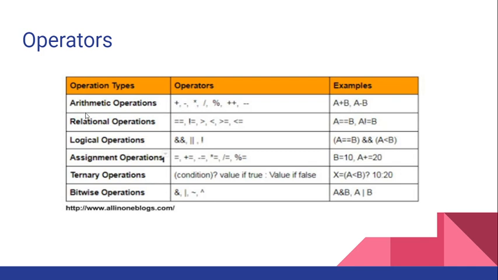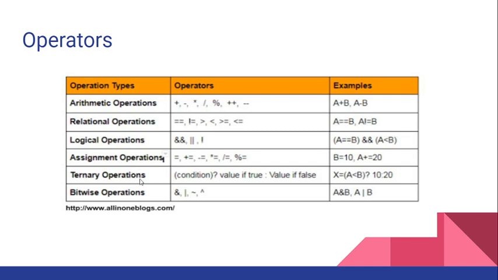In binary operators, there are three that we are going to be discussing: arithmetic, relational, and logical. Assignment is a unary operator. Ternary operators we'll be discussing while I am explaining the conditional structures.